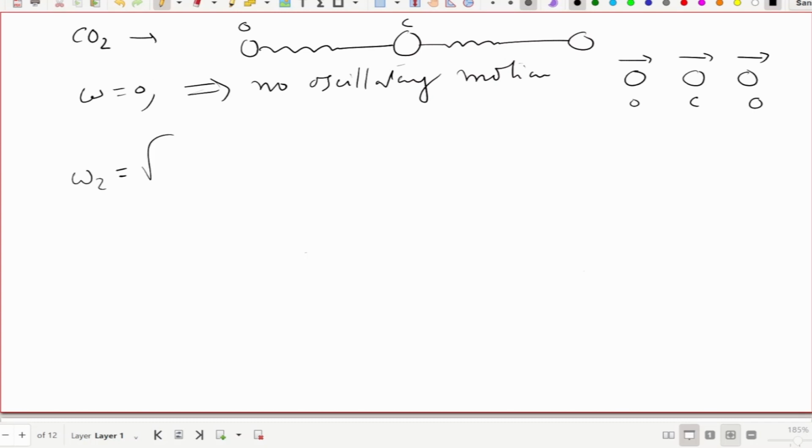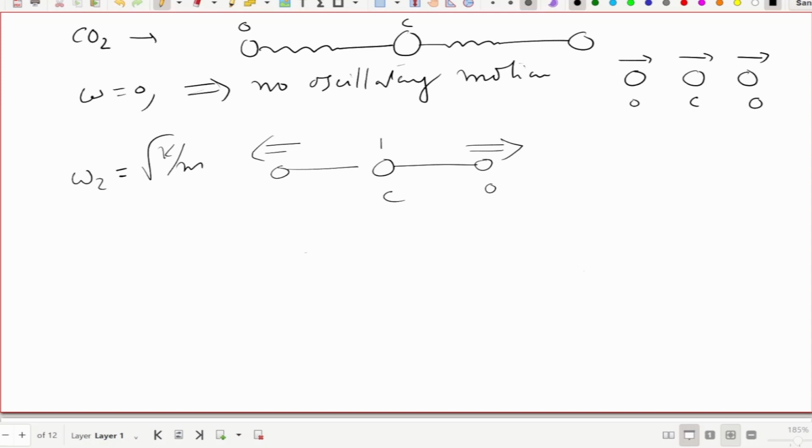that is equal to root k by m. So, it will have the eigenvector, remember, the middle one is 0. So, we can think that on this side you have the oxygen and this side is carbon. So, this has motion in this direction, this has motion in this direction, and this remains unchanged. So, it has no amplitude. Okay.